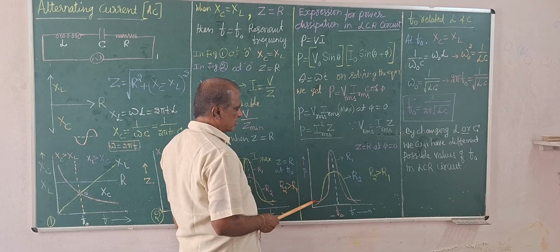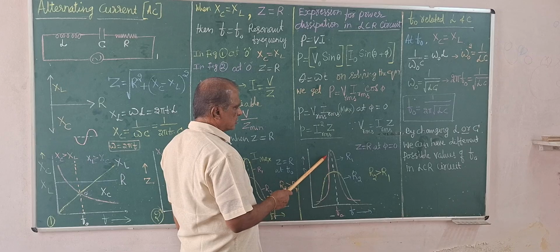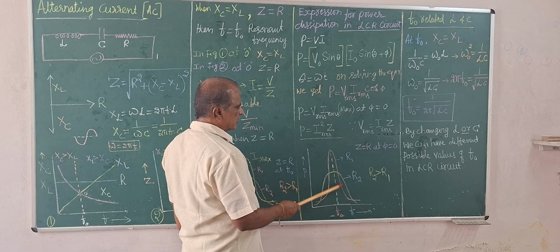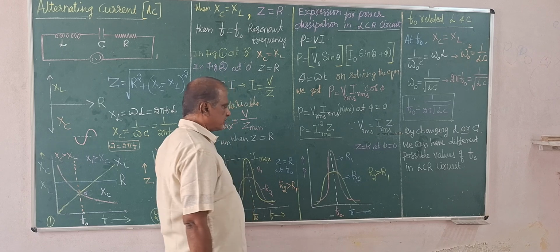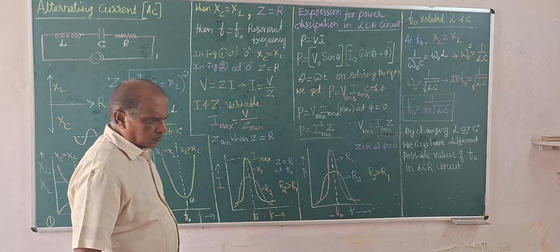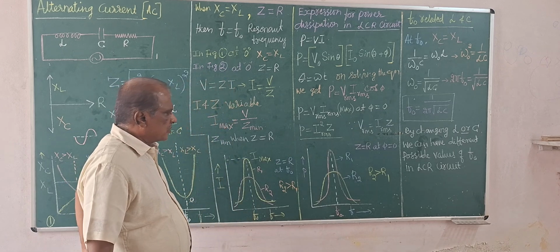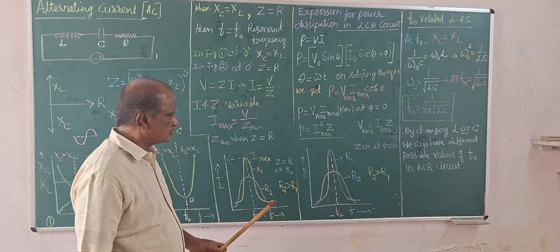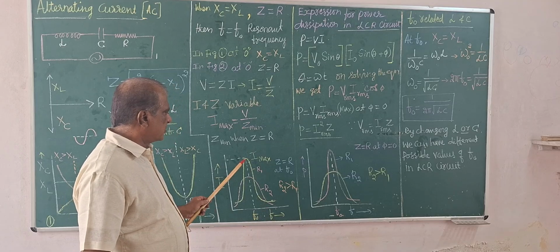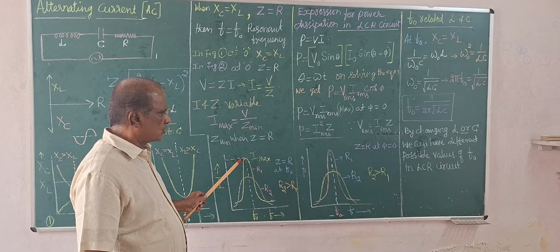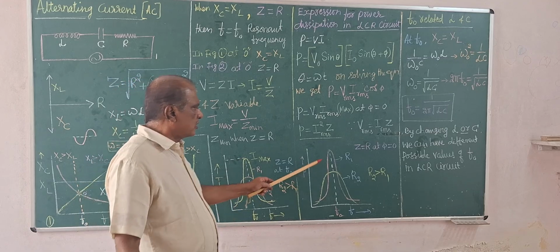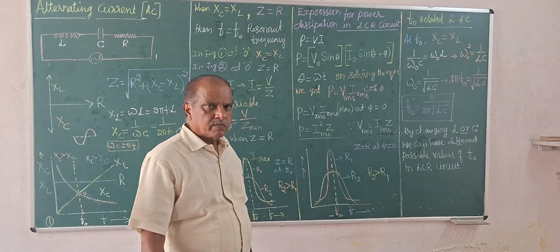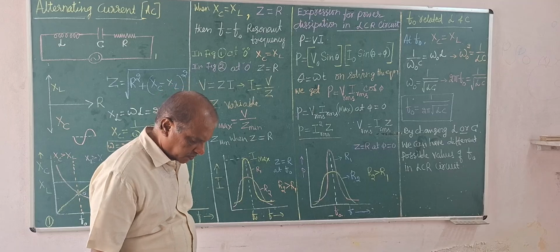The power increases, reaches a maximum and decreases like this. At the resonance state, as already said, maximum possible current flows. Then at the resonance state only, maximum power will be dissipated.